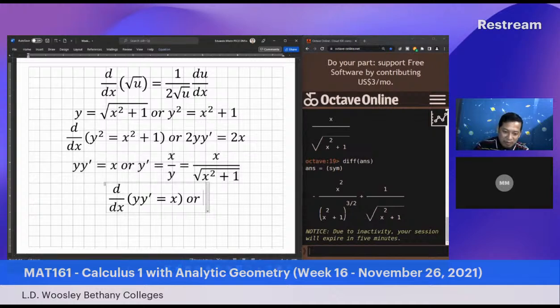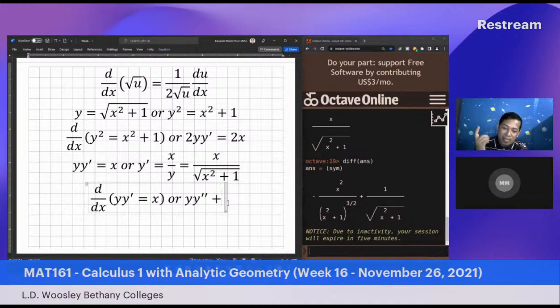Y derivative of y prime. Micaela. Y derivative of y prime is y double prime. Okay, plus y prime derivative of y, y prime derivative of y is y prime also. Nagets ba?